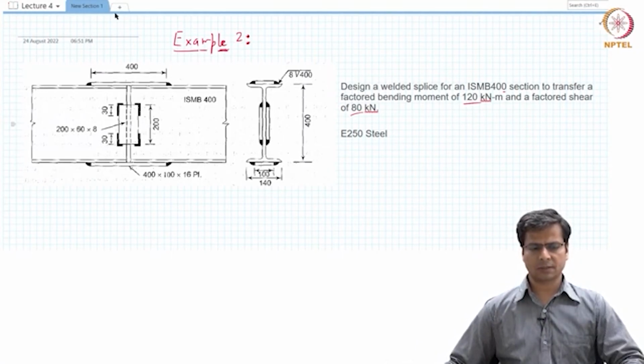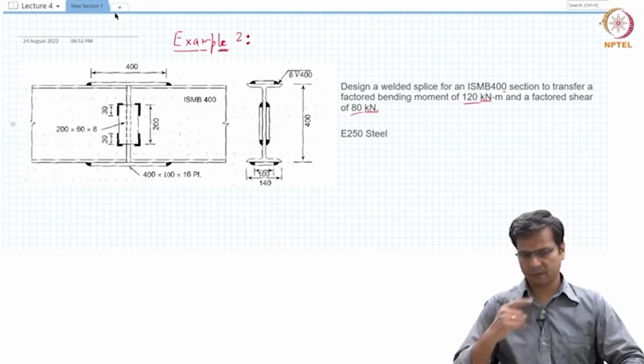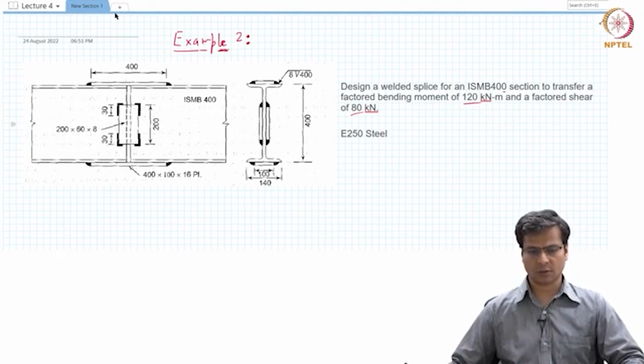So as we know that this section is going to resist both the bending moment as well as the shear force, we need to design splices for those. As we again know that bending moment is primarily transferred through axial forces in the flanges. Therefore, it's an obvious choice to provide the splices for resisting bending moment next to the flanges. And for resisting the shear force, we should provide the splices near the web. So this is the cross-sectional view of the proposed solution.